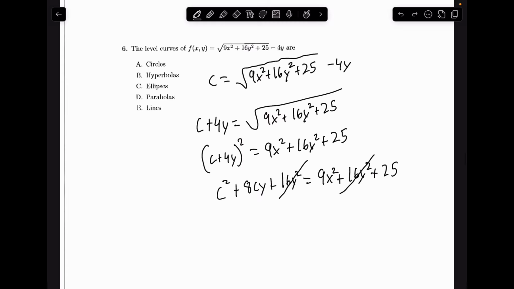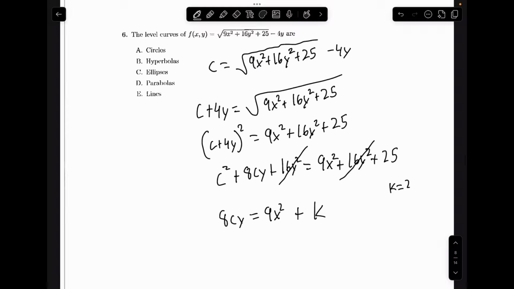So we can regroup and get 8cy equals 9x squared, and then subtract c squared from both sides. We're going to get just some constant, I'm going to call it k, where k equals 25 minus c squared. That just makes it a little bit easier to see, in my opinion.